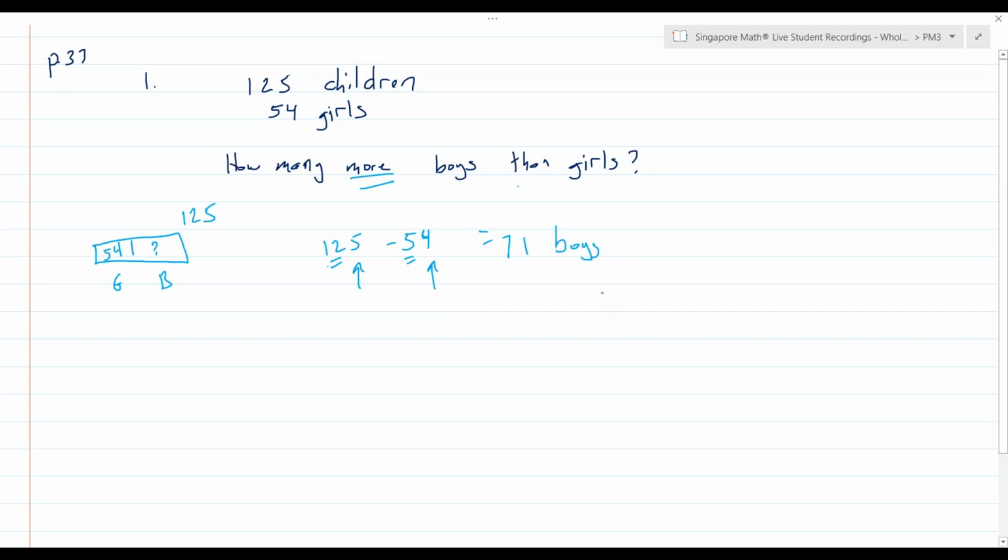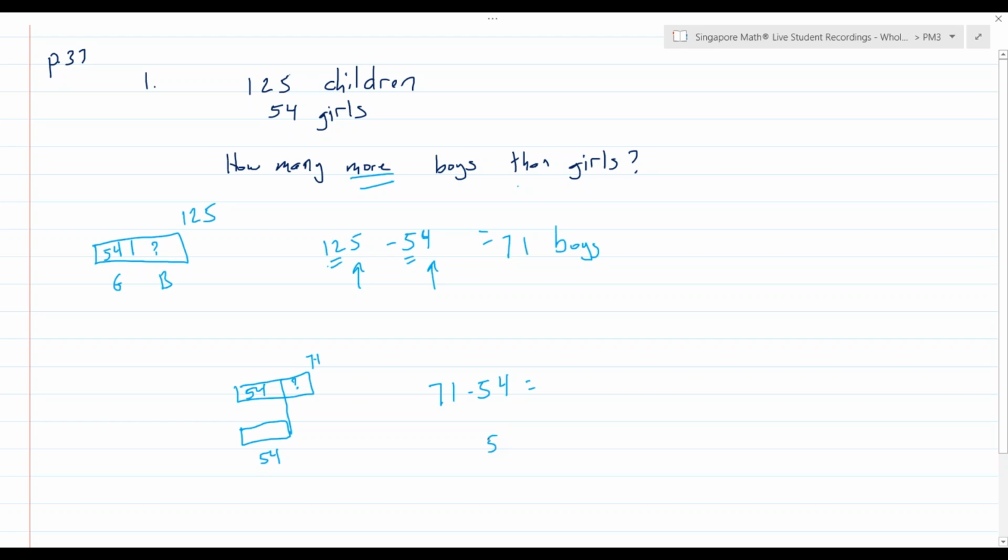Then the next question is, how many more boys than girls is that? So if I have 71 boys and I have 54 girls, what I want to know is how much more. So this part of the picture is 54. The part I don't know is the second part, and so 71 subtract 54 will give me that answer.